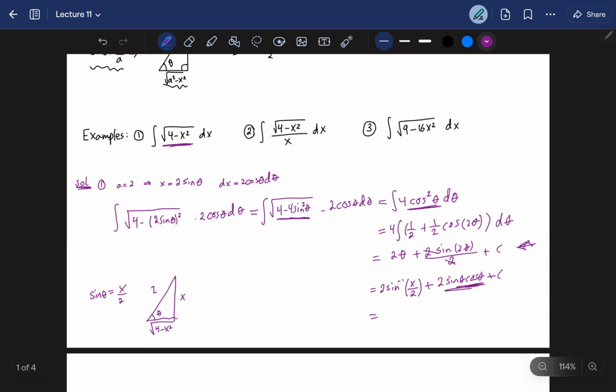And now we're going to use the triangle to find the values of sine and cosine. So here, cosine is adjacent over hypotenuse. And I already know sine, so now you just plug it back in. And this would be the final answer. So it's not too bad, right? It's just a lot of steps.